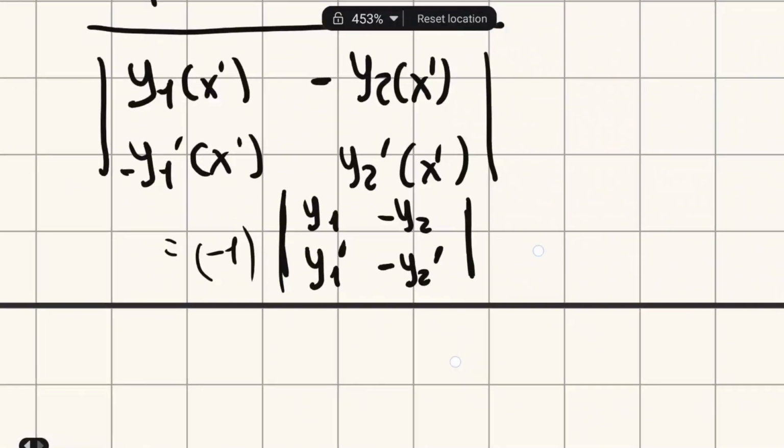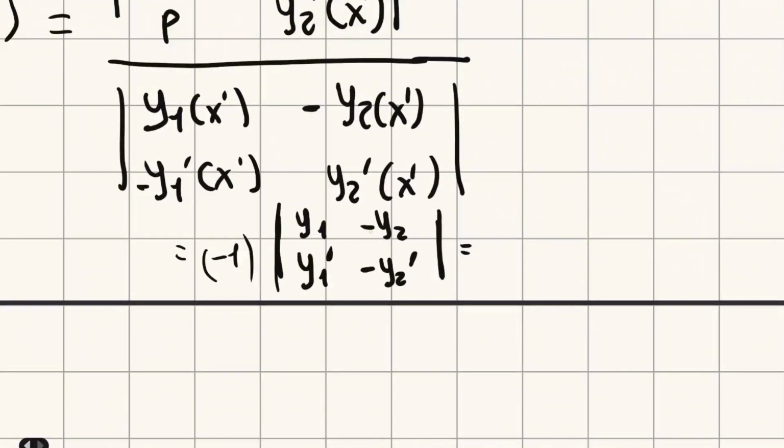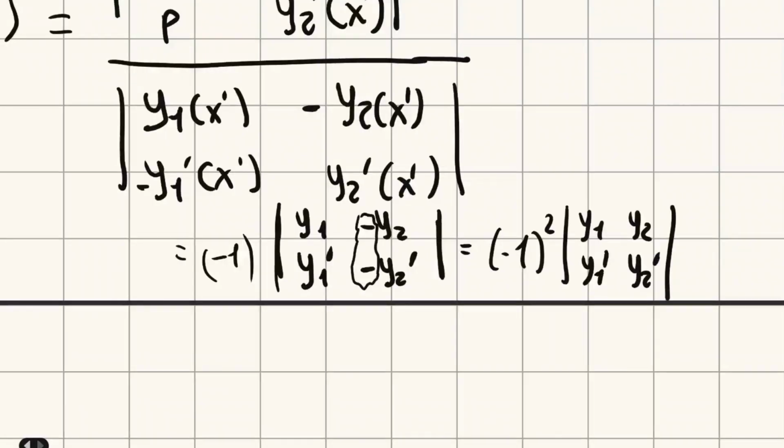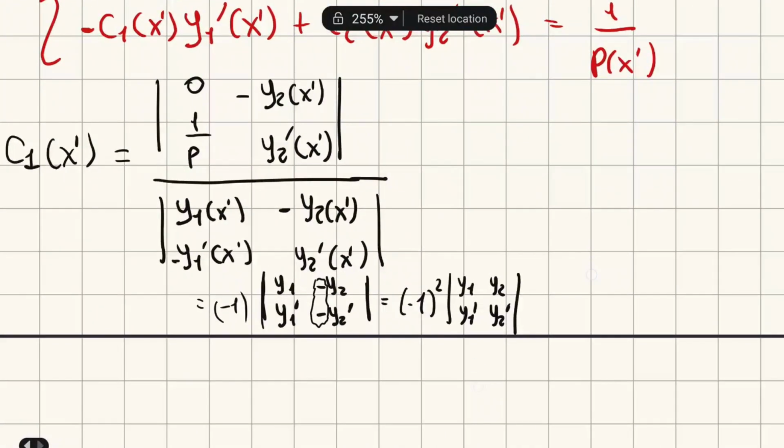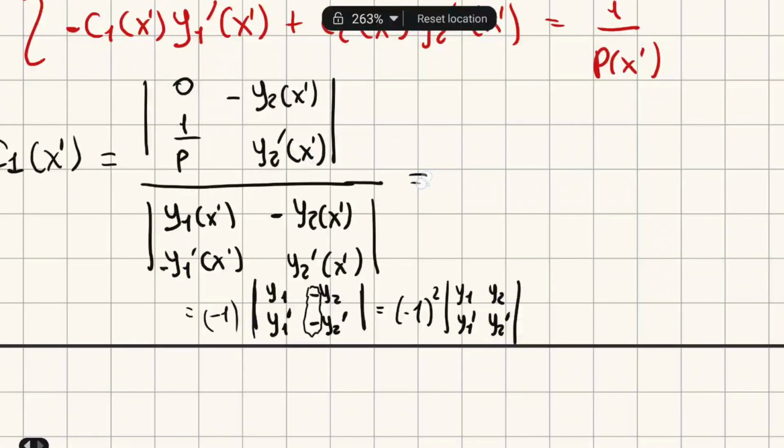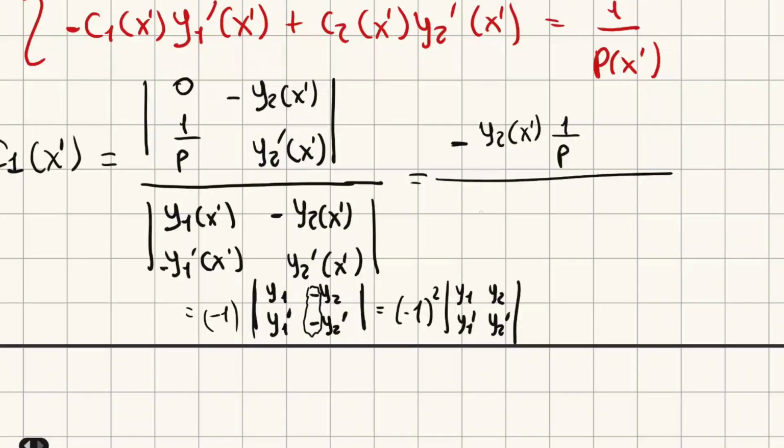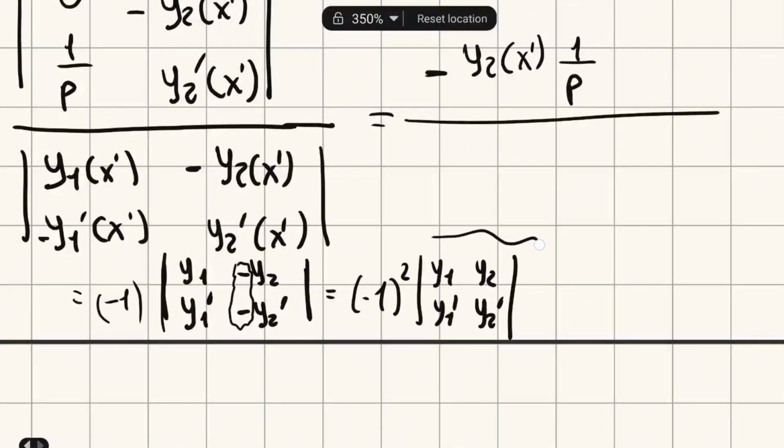And then from here we will be able to take this minus out again of the determinant. So it will be minus 1 squared times the determinant of y1, y2, y1 prime, and y2 prime. Just by tricks of calculating determinants, all of this is going to be minus y2 of x prime times 1 divided by p, all divided by this determinant that we have here.